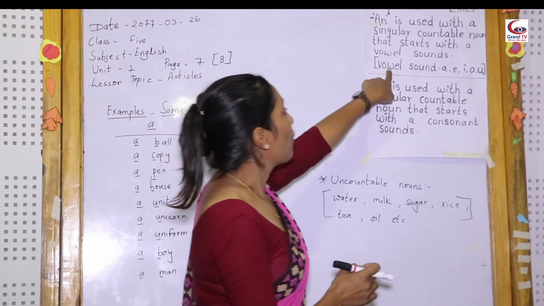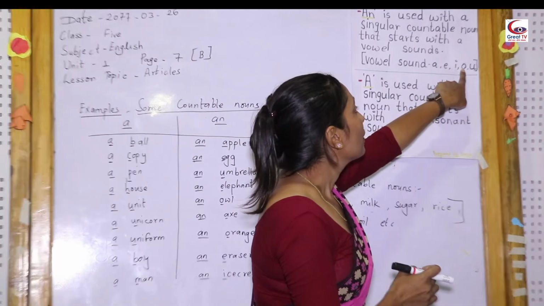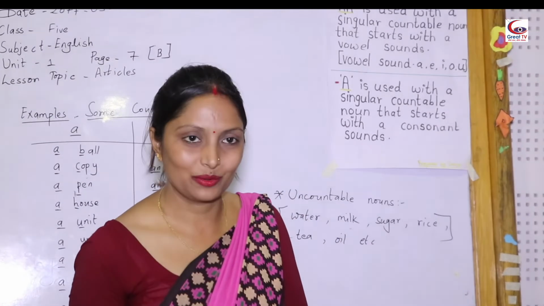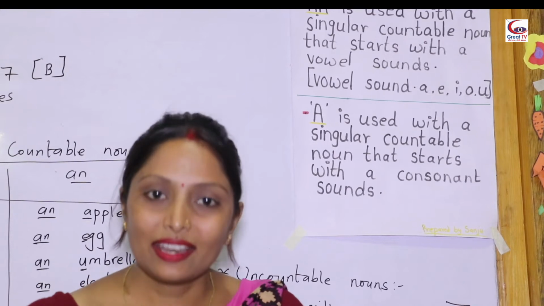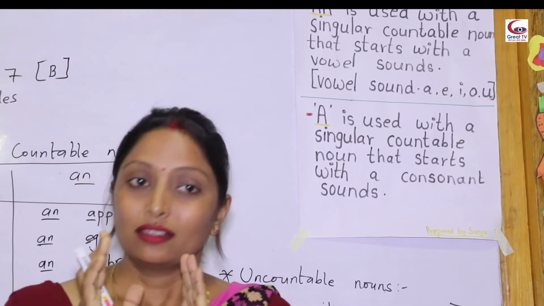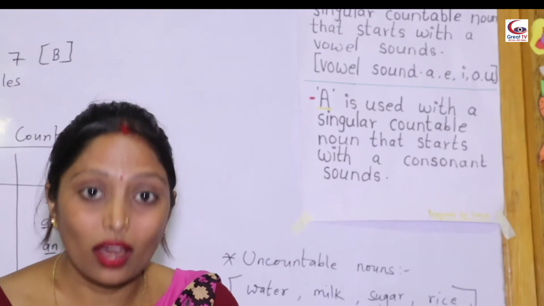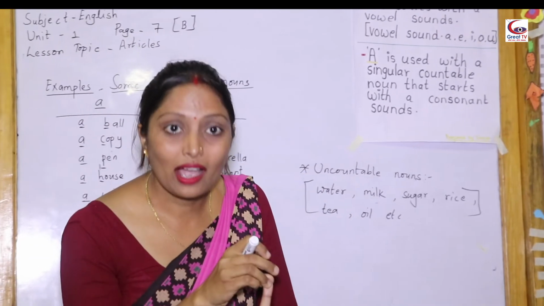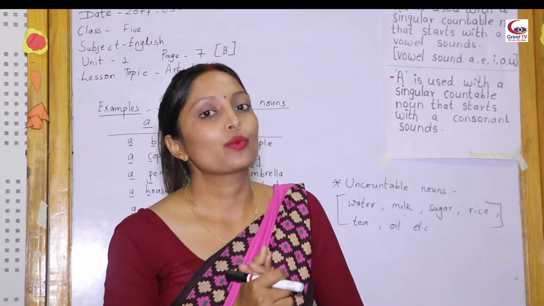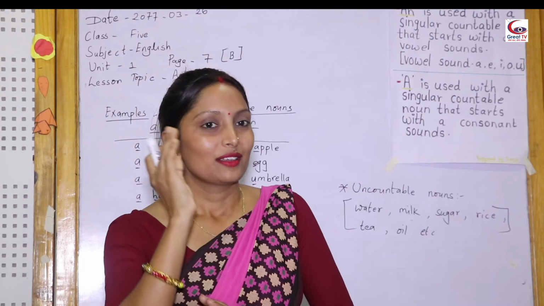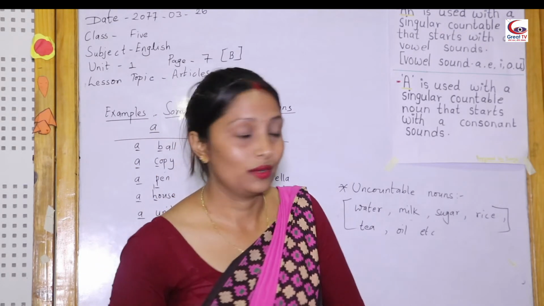We already discussed that the vowels are A, E, I, O and U. Did you get this? To use an, the word should be a singular countable noun which starts with a vowel sound. Okay? With a vowel sound.